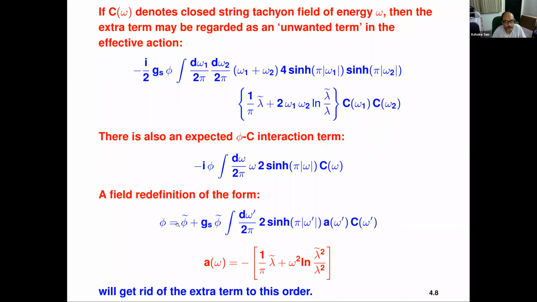If you pick the phi tilde term here, you will get minus i by 2 g_s phi tilde times the rest. This term will not affect here because that's of order g_s squared, so you don't worry about that. But when you substitute this in this term in the action, you will get an extra piece. You will of course get minus i phi tilde times this, but you will get an extra piece which is a minus i g_s phi tilde times 2 momentum integrals, 2 energy integrals, and 2 factors of C.